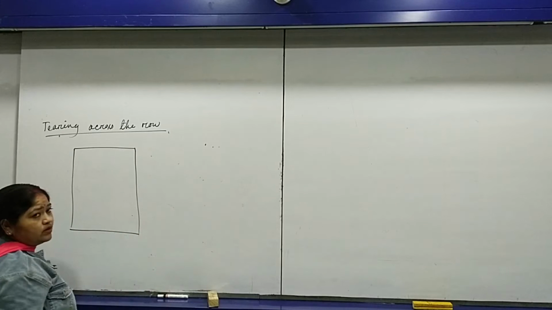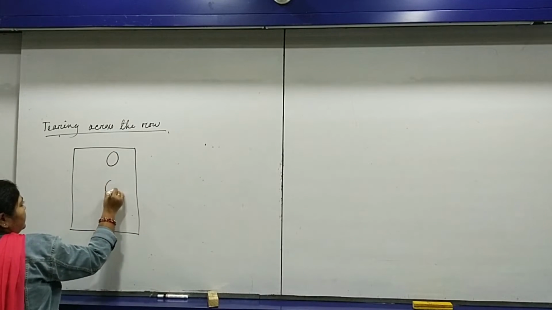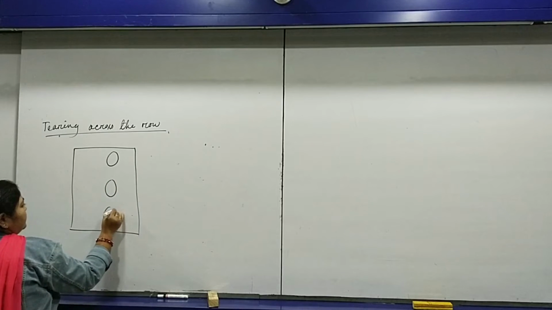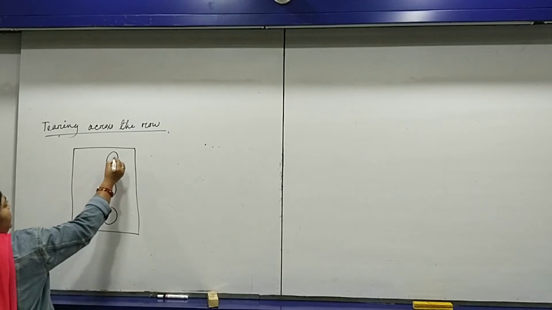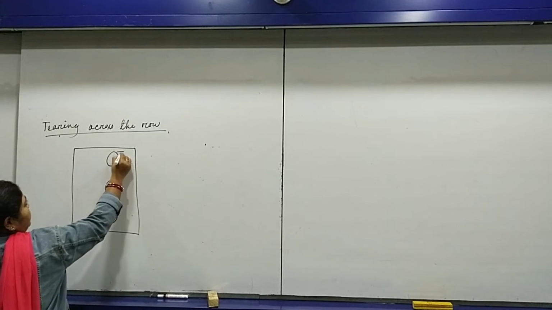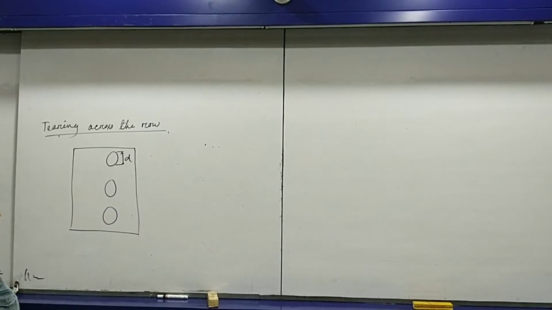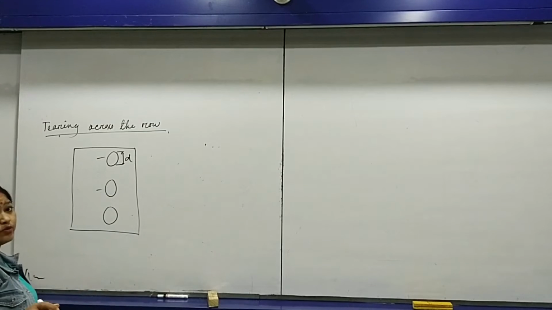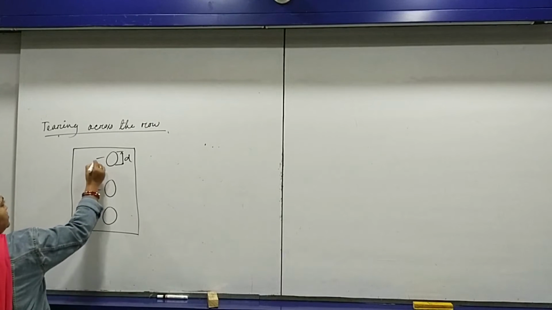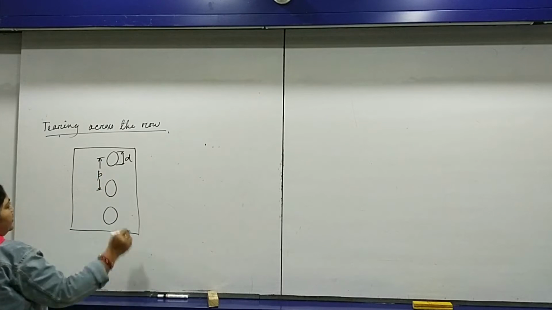Here it is a plate, and riveting is done on the plate. Let d be the diameter of the rivet. The center to center distance of two consecutive rivets is known as the pitch.